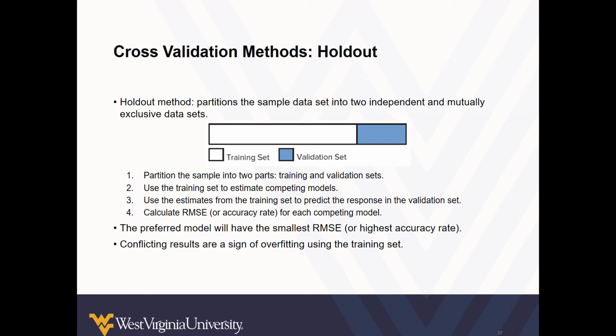Next, you use the training set to estimate competing models. Then, use the estimates from the training set to predict the response in the validation set, and then calculate the RMSE for each competing model. Ultimately, the preferred model will have the smallest RMSE.